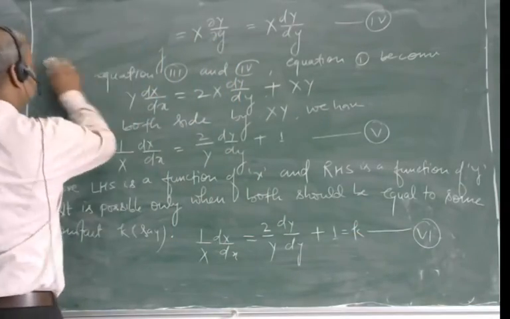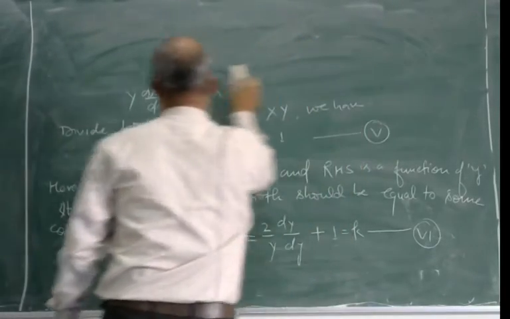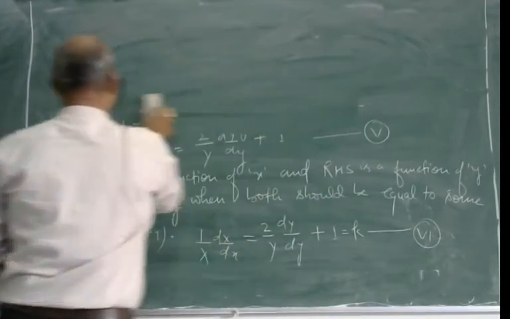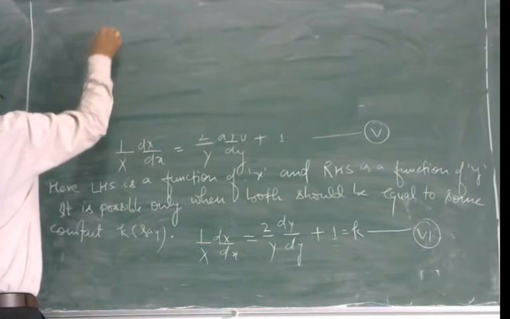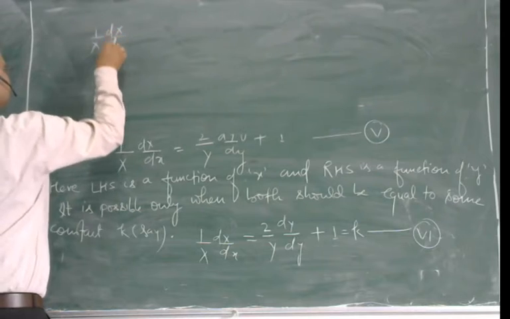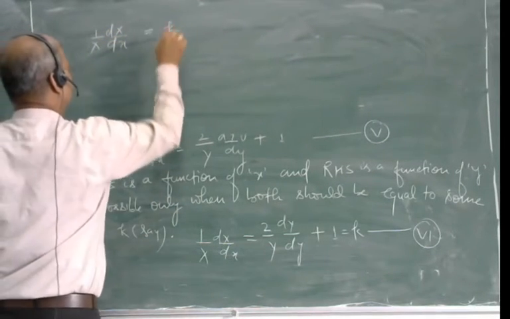Now we will write (1/X)(dX/dx) is equal to k.